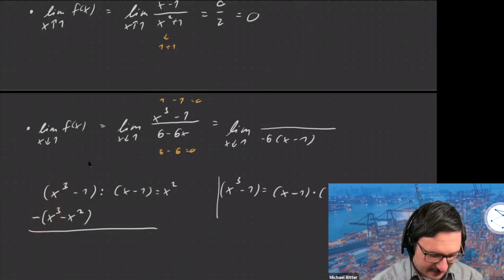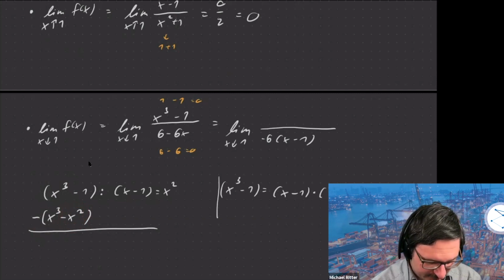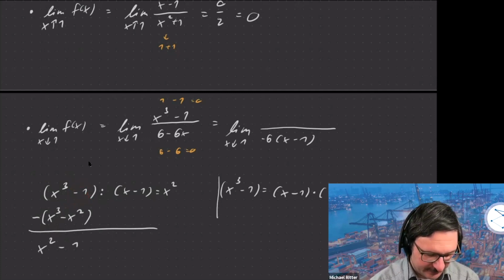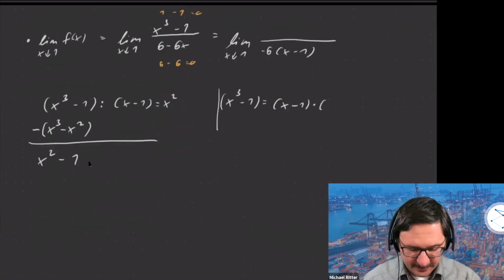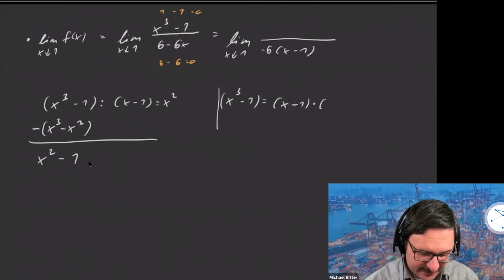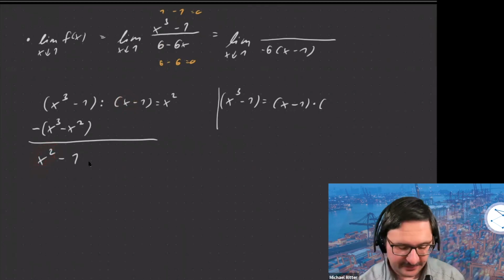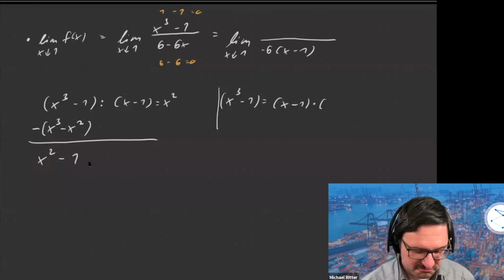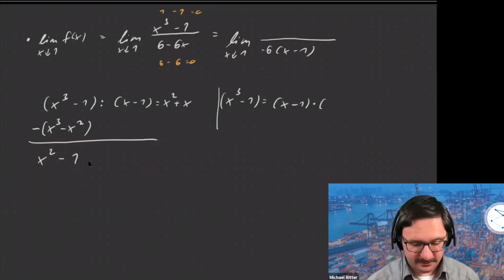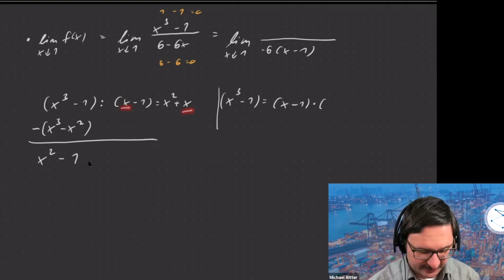And then we have plus x to the power of 2. There's no x to the power of 2 here. But there is a minus 1 here. So we're left with x to the power of 2 minus 1. Now let's continue that in the same way. Again, we have to find a factor that multiplied by x now yields this leading factor here, x squared. And obviously, that factor must be x, right? So x times x is x squared.